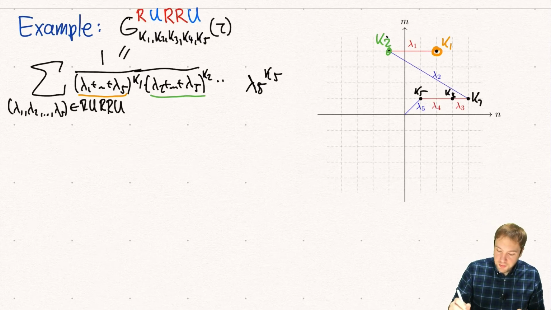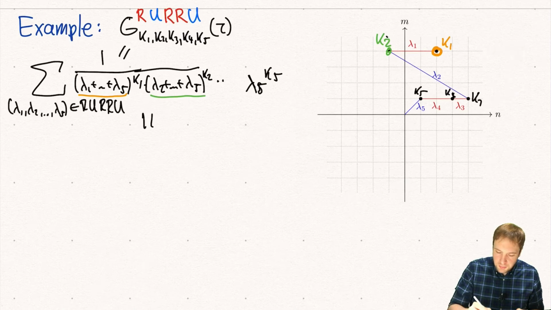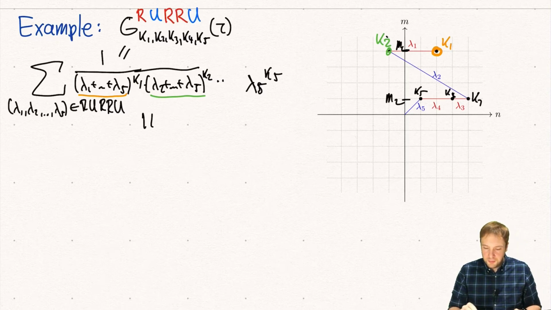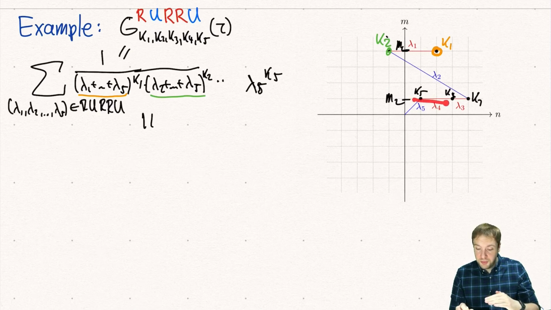So we could rewrite this. Instead of taking this sum, I can take this sum over M1. Let's say the level here is M1 and this is M2. By this I mean the vertical positions of these three points is M2 and the vertical position of these two points is M1.